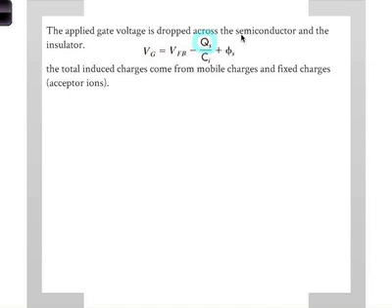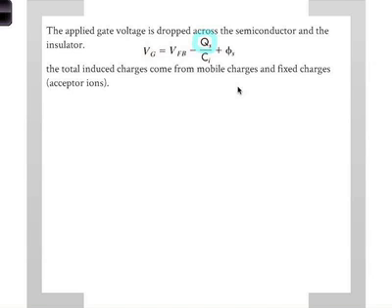So let's look at each of these terms carefully. The goal here is to relate how the gate voltage controls the channel, because the channel controls the current. Keep that picture in mind. The term Qs is the total induced charge, which comes from both the depletion region, which are fixed charges (in the case of p-type, acceptor negative ions), and mobile charges, which are holes and electrons.